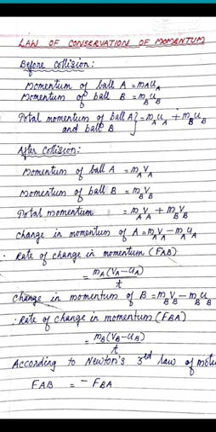According to Newton's third law of motion, action and reaction are equal in magnitude but opposite in direction. As it is opposite in direction, we can show it with the help of a negative sign. So we can write F_AB is equal to minus F_BA. And in the second law of motion, we have seen that rate of change of momentum is equal to the force.